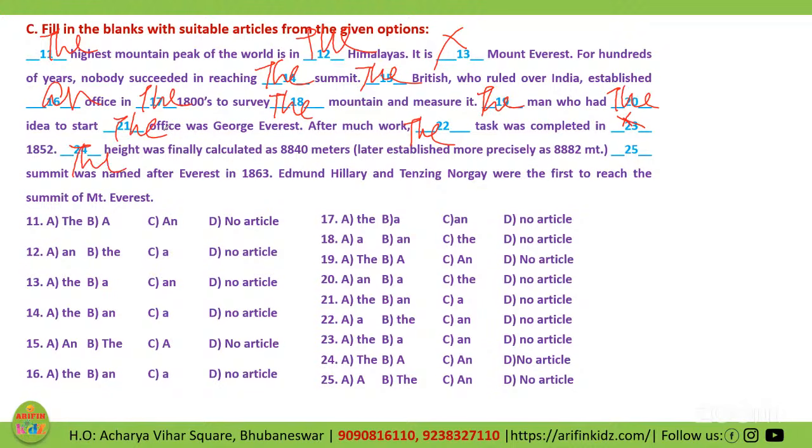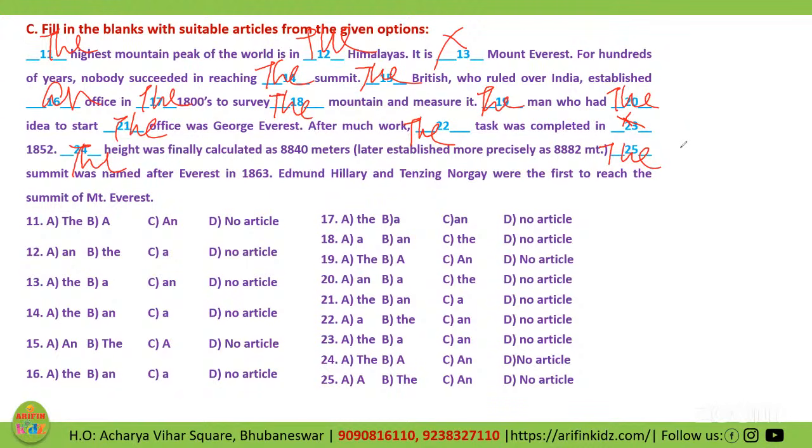24 would be the height finally calculated 8,840 meters. To be precise, 8,882 meters. 25 would be the summit was named after Everest in 1863.